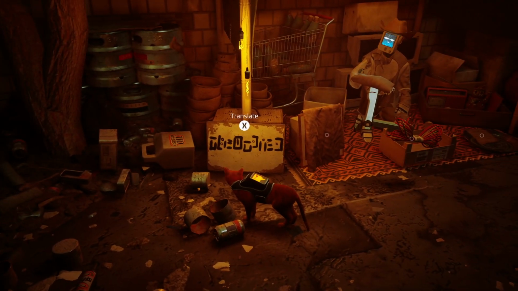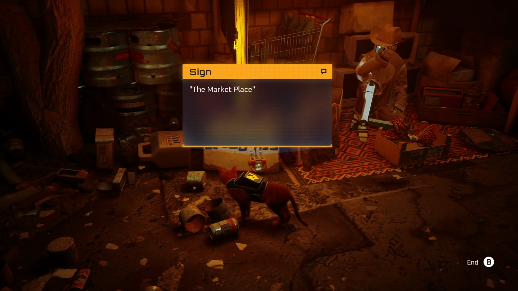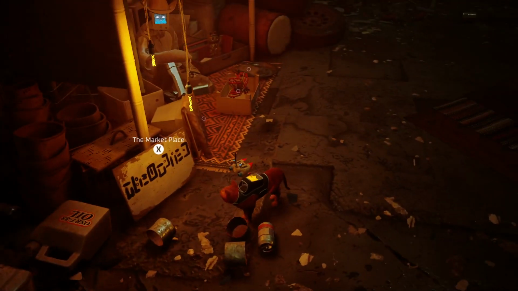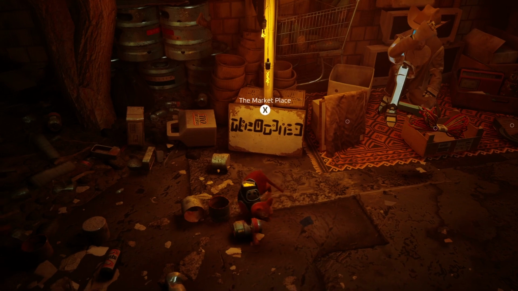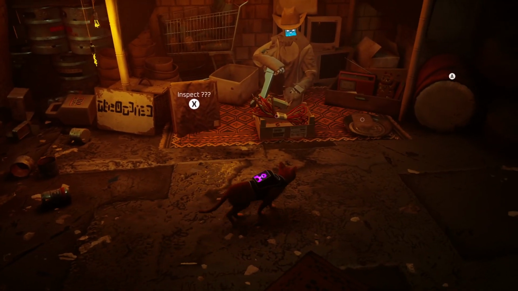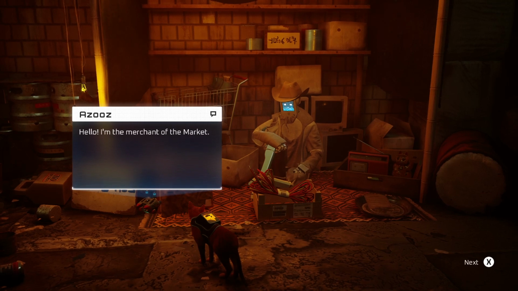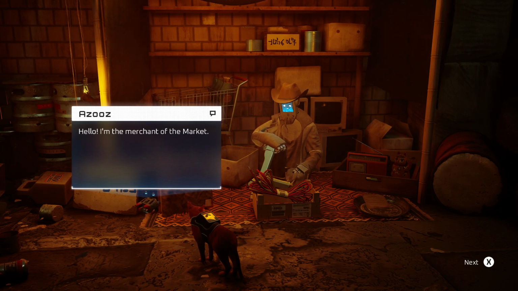The marketplace. All these little robots have names, by the way.